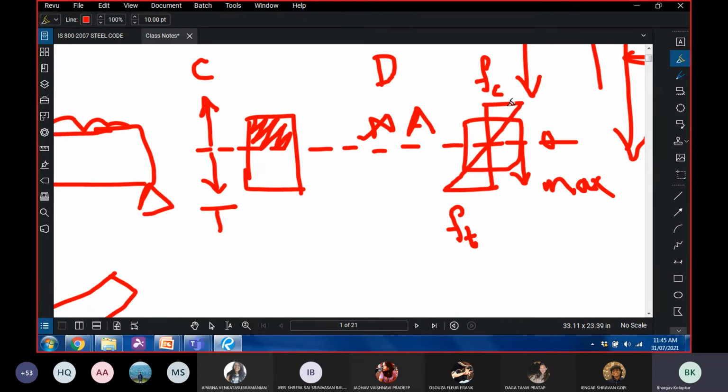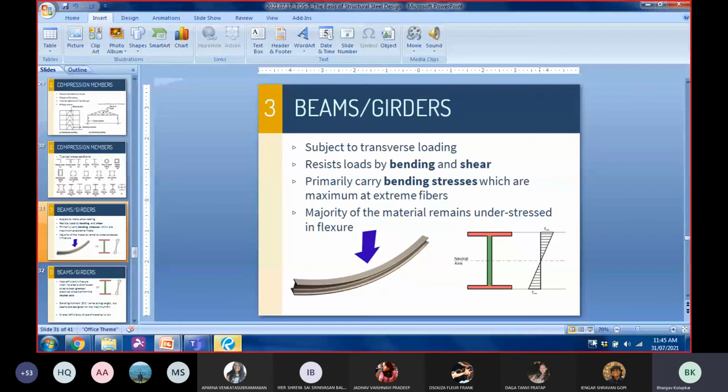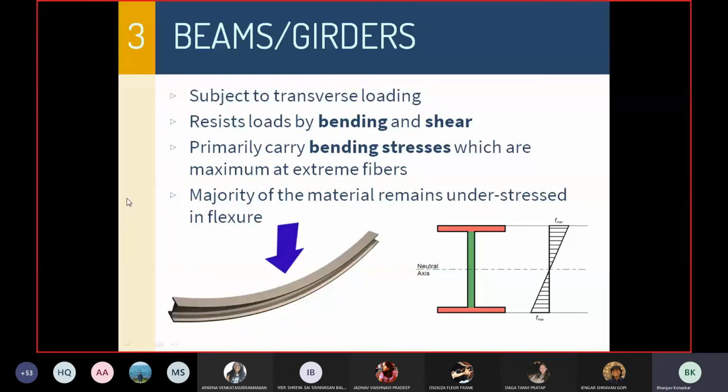Whenever the stress reaches a maximum value, the beam has failed. Therefore, most of the material in a beam is not mobilized or utilized properly, and so a beam is not a very efficient member in terms of material use. That is something you have to keep at the back of your mind. The majority of the material remains unstressed in flexure.